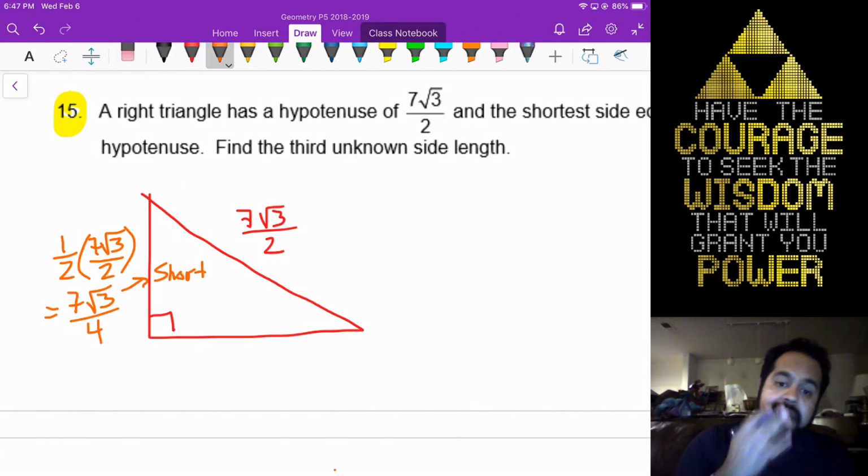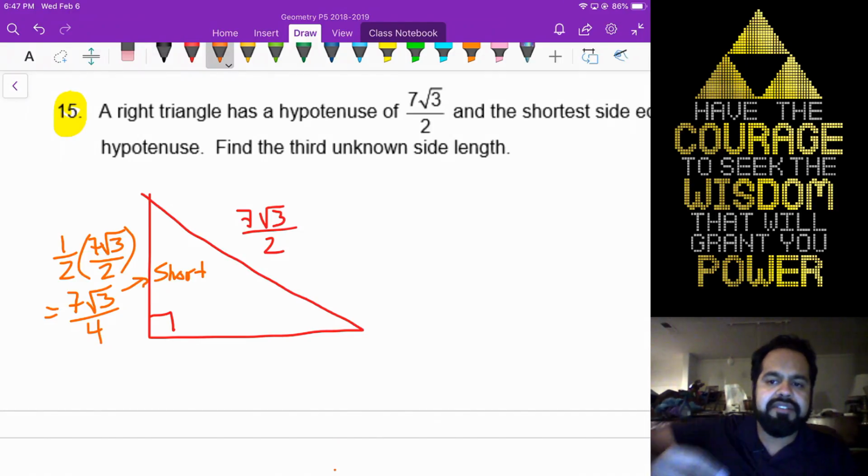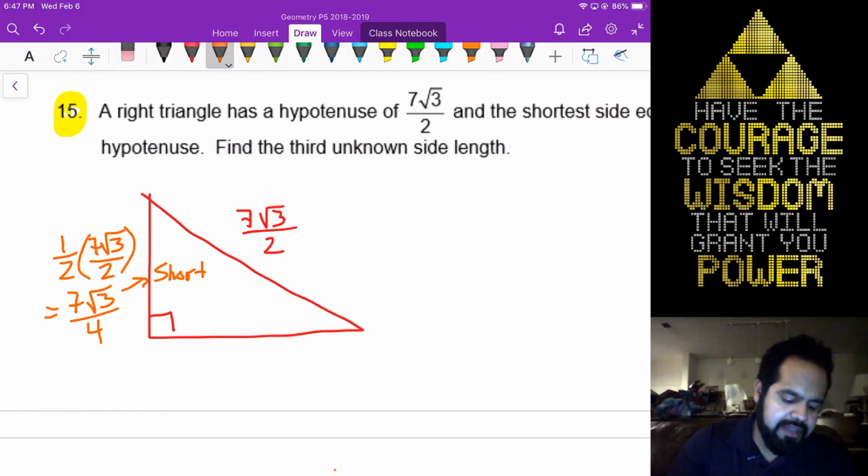Now, if you remember, one of our special right triangles states that the relationship from the hypotenuse and the short leg is that you double the short leg to get the hypotenuse. Well, this is going backwards. This is saying, hey, half of the hypotenuse is the short leg. Then that means that this is actually secretly our 30, 60, 90 triangle.